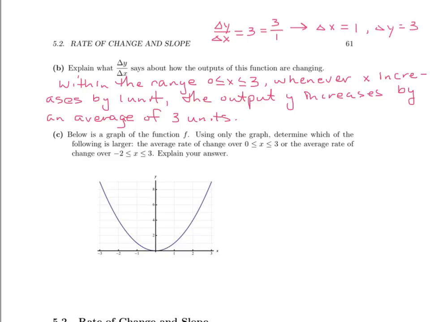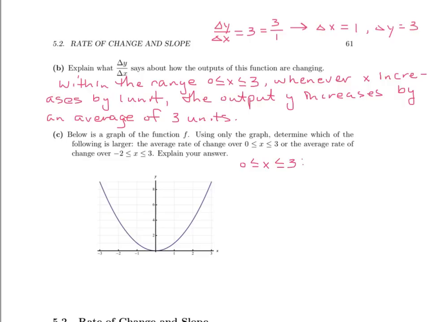So let's figure this out. First, let's talk about the average rate of change over this interval. This is actually what we calculated in part A, but let's go through it one more time.